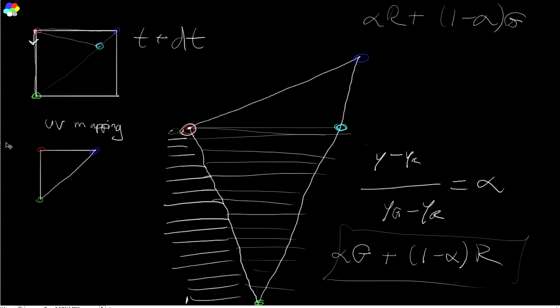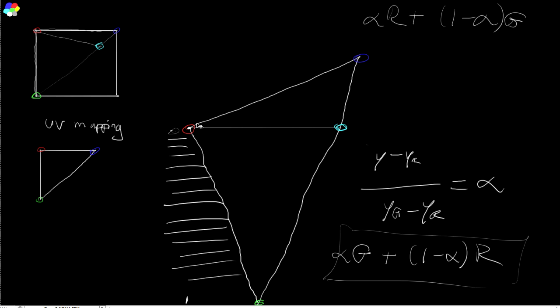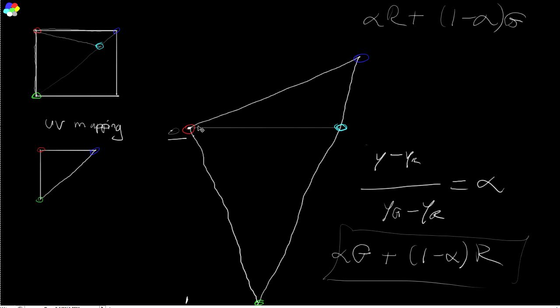So how do we calculate our delta? Our delta will be calculated by taking the difference between green and red. Now green and red are actually vectors, right? Because they're UV, they're two-dimensional vectors. So we do green minus red, and that will give us this vector here.